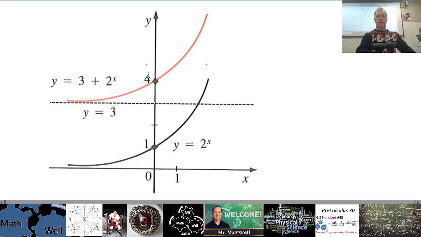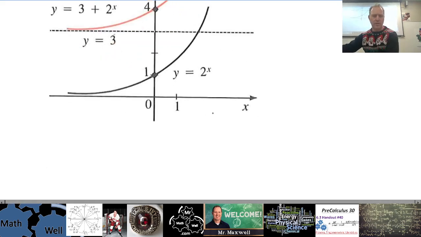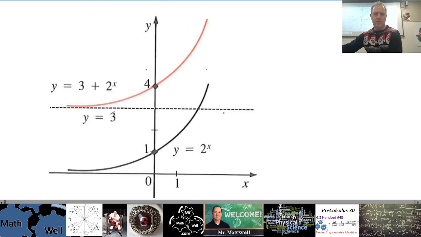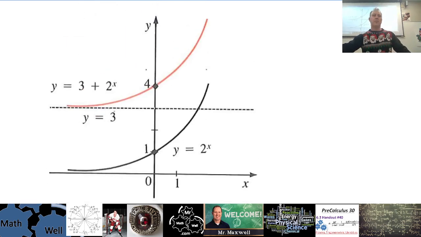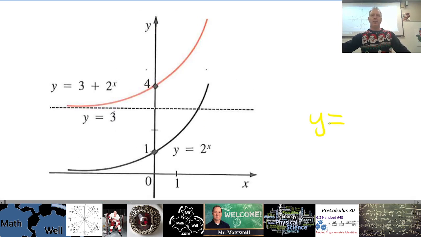The other thing that is not on this graph, I don't think it's on the next graph either. This might be the last graph I have posted right now. So the other, let's do this in yellow, but if we had y equals 2 to the power of x minus 1, so if we altered or transformed this in here, then everything would move over 1 unit.